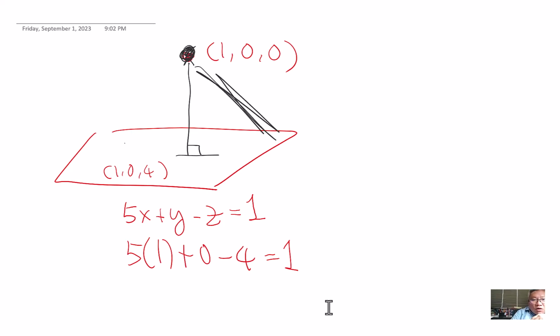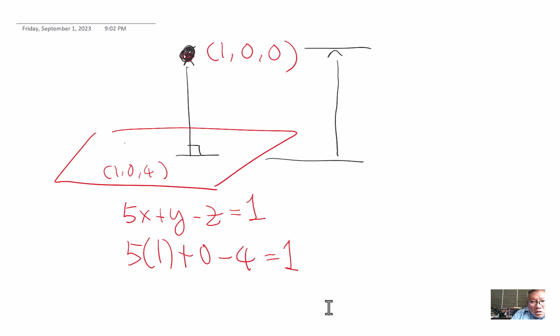That is also longer. So the shortest distance between the point and the plane is the one that is directly below it, so to speak, and it is 90 degrees to that plane. So the objective is to find this distance here, that's our distance D. This is our shortest distance.